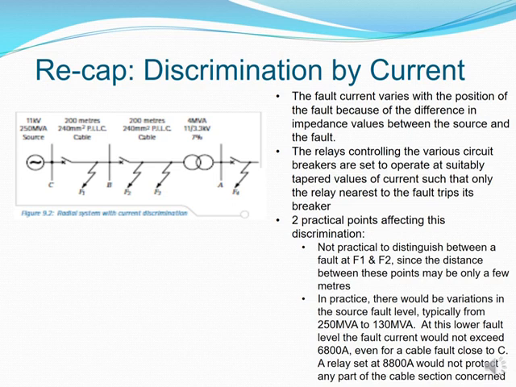What makes it difficult is that if F1 had a fault, you expect the relay at C to kick in, and if F2 had a fault, you expect the relay at B to kick in. If you can't have proper discrimination between the two, that means C will act for a fault at F2 as well as for a fault at F1.